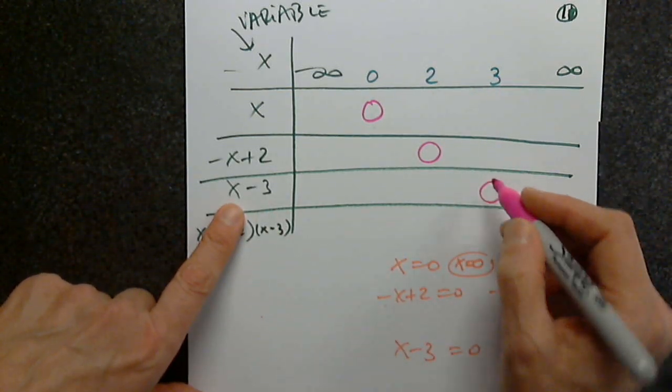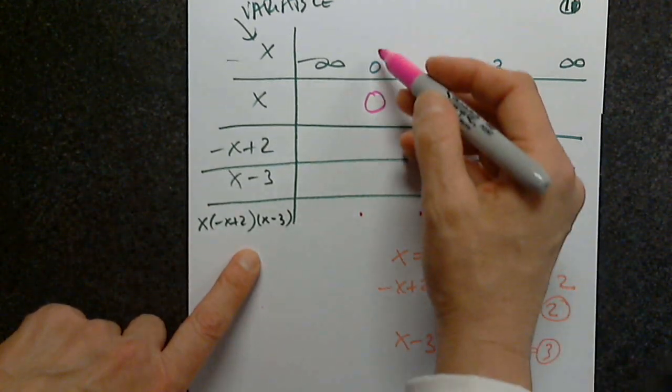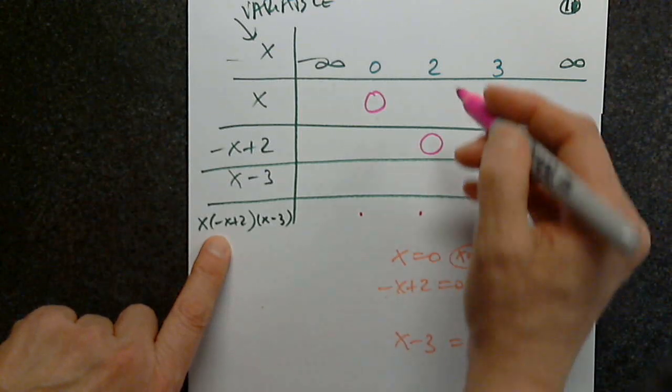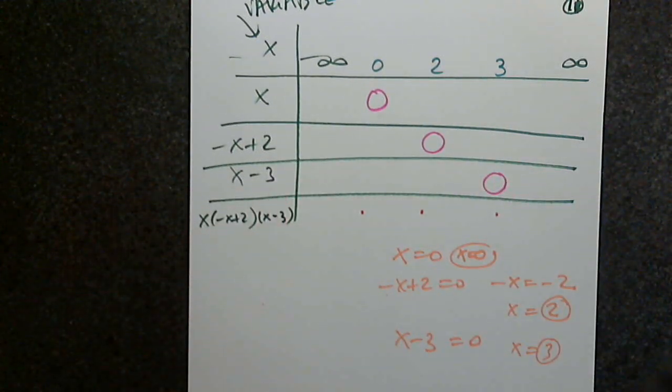Where will I put a 0 for x minus 3? Under 3. But now I would like to put something under 0 for the whole thing, under 2 for the whole thing, and under 3 for the whole thing. Let's think for a moment. What goes in there? No, because all of them have multiplicity 1.